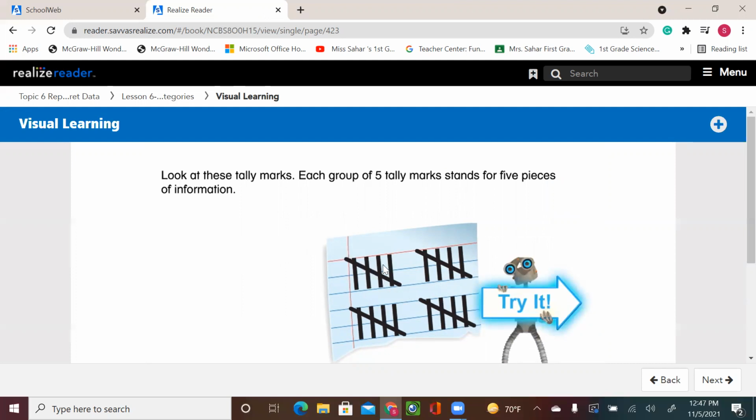So as you see, 4 tally marks and the 5th will close it. So that's now a group of tally marks. There are 5 pieces of information in one group. So that means 1, 2, 3, 4 groups. Each has 5. That's skip counting by 5. So 5, 10, 15, 20.